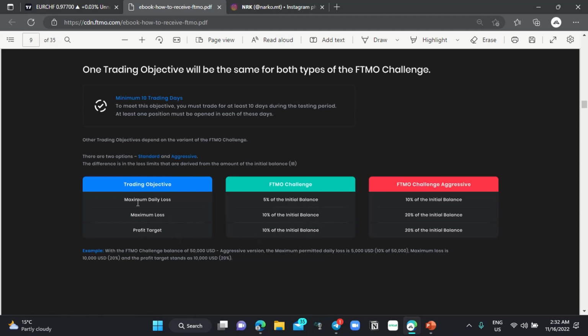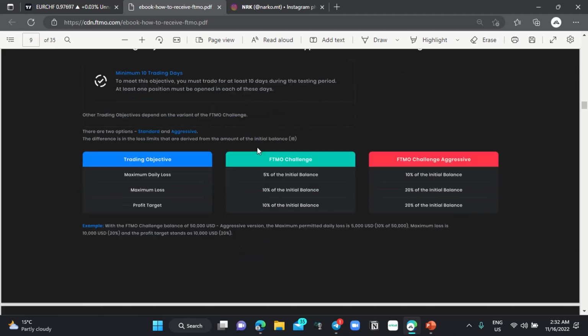So the maximum daily loss is 5%, which is $500 if you bought a 10k USD account. Maximum loss is 10%, which is $1,000, and your profit target is also $1,000. Your minimum trading days are 10 days.